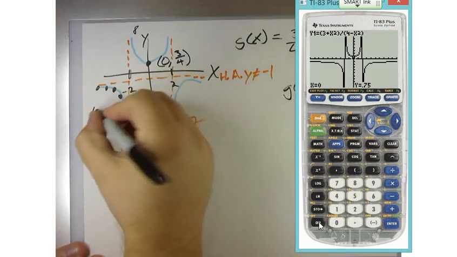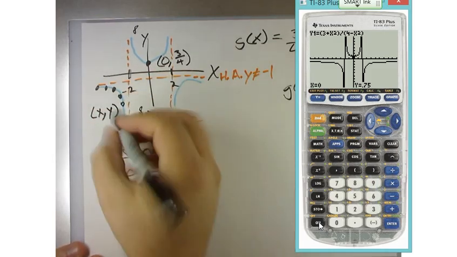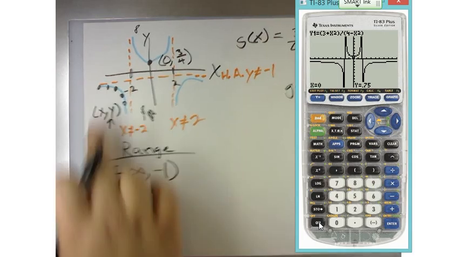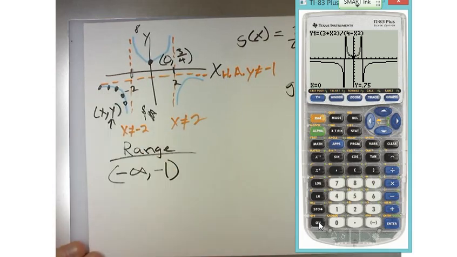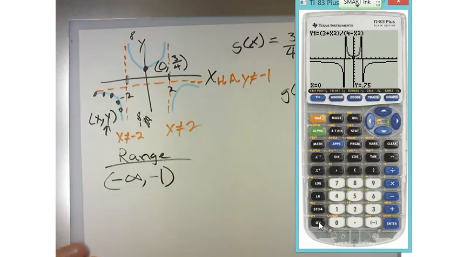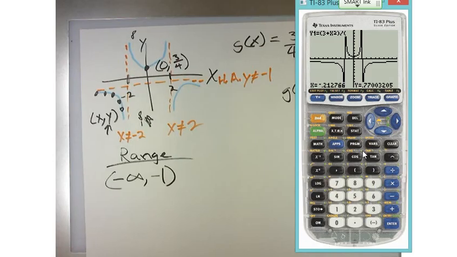All those points are x comma y. What is the lowest y value I could have? Negative infinity. What's the highest y value I can have on this portion of the curve? Look at the graph.